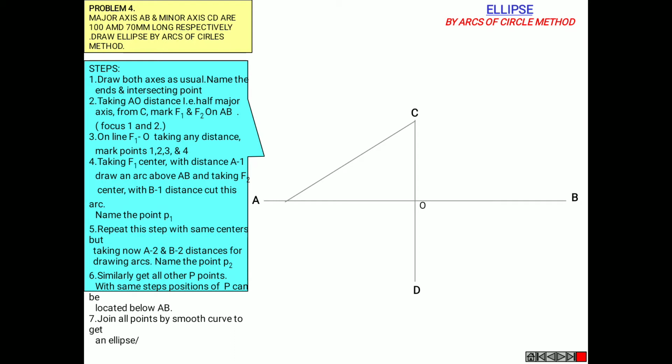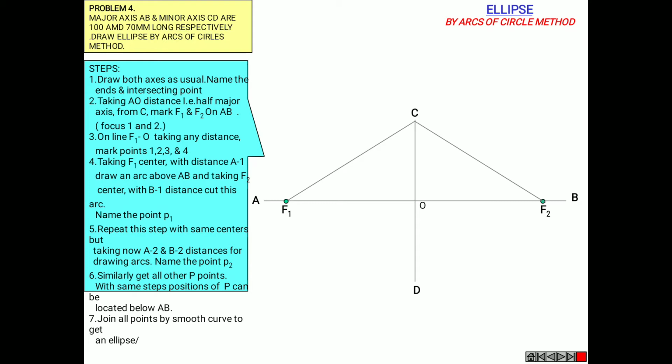Now taking AO distance, therefore half the major axis, from C, mark F1 and F2 on AB, so that the focus is 1 and 2. Mark them as focus 1 and focus 2. So C to F1 is the distance AO and C to F2 is the same distance AO or OB.